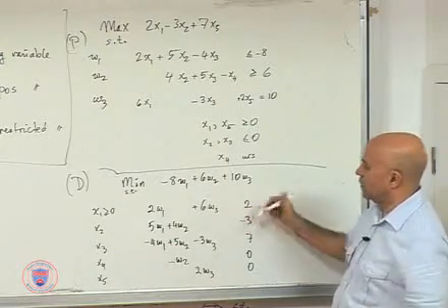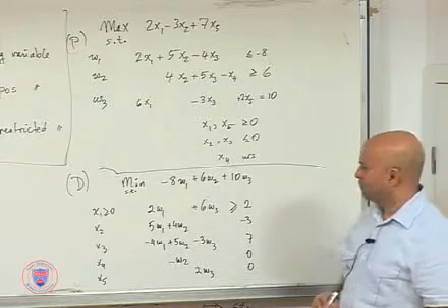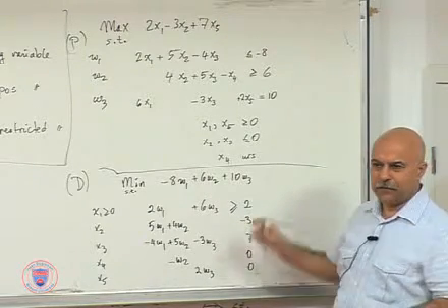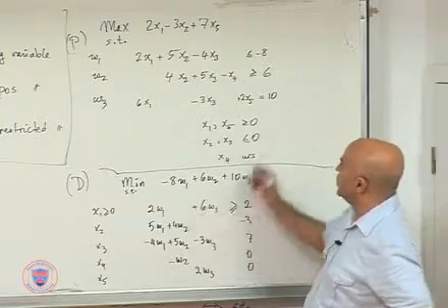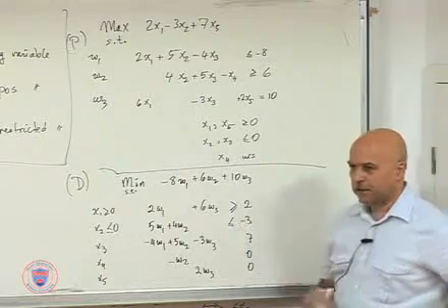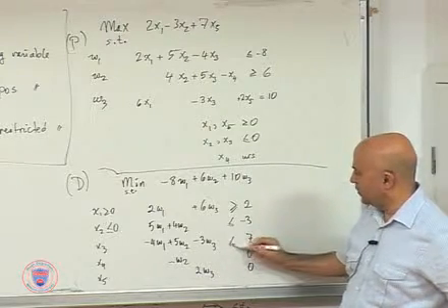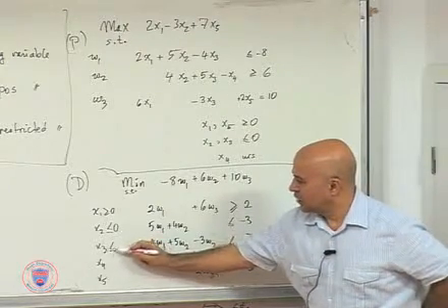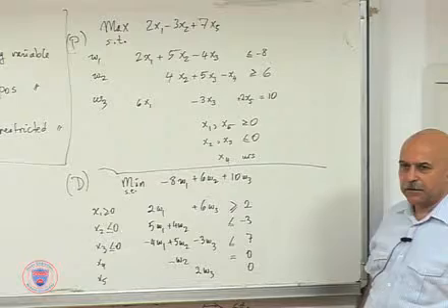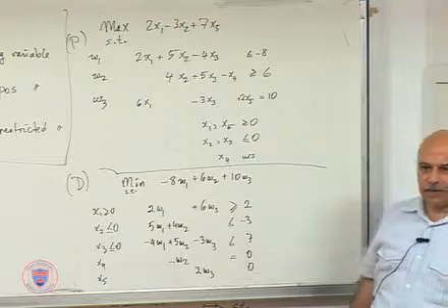This is a minimization, so the canonical form is greater than or equal type. x2 is non-positive, which means I reverse this inequality. x3 is non-positive, so you reverse it, the reverse of the canonical form. x4 is unrestricted, which means this is equality, which actually tells you W2 is equal to 0, so you can drop it out, but nevertheless, that's what the constraint tells you.